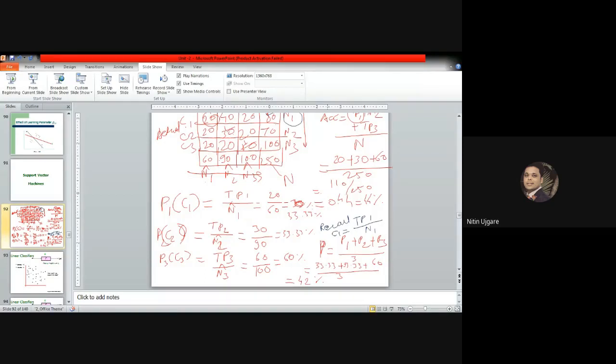So the recall for the first class, class C1, will be the true positive rate of class 1, that is 20 divided by N1. The value of N1 is 80, which gives me the answer 0.25, which is equivalent to 25%.